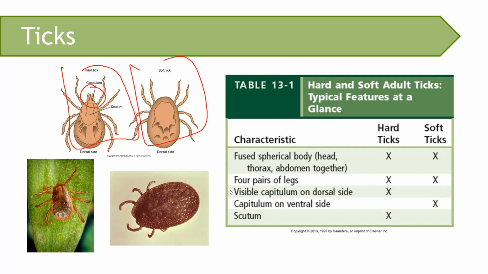Take note that usually hard ticks are Ixodidae or Ixodes. These are your hard ticks. Argasidae are the soft ticks. Ixodidae are the hard ticks. Argasidae are the soft.